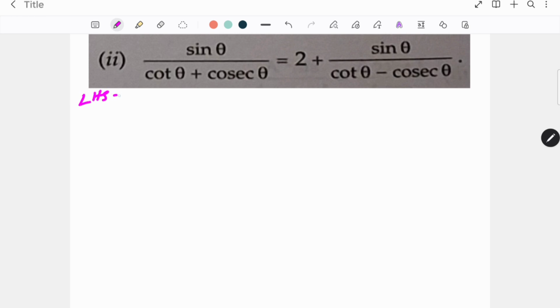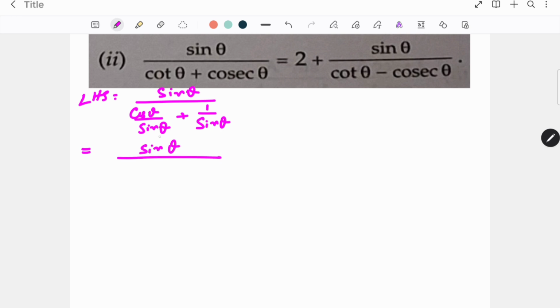So in the LHS part, the upper sin theta will be as it is, and the down one will be split. Cot means cos theta by sin theta, and cosec means 1 by sin theta. So the upper sin theta we will keep, down this sin theta will be the LCM.